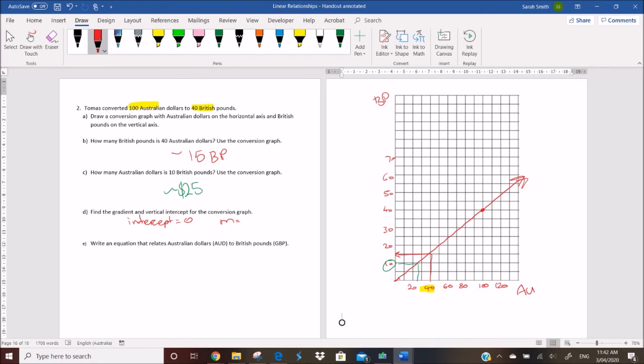So on the run, we've gone across 100 to get to Australia, and on our rise, we've gone up 40. So that's going to give us 2 over 5 as our gradient. British pounds equals 2/5 of the Australian dollar.